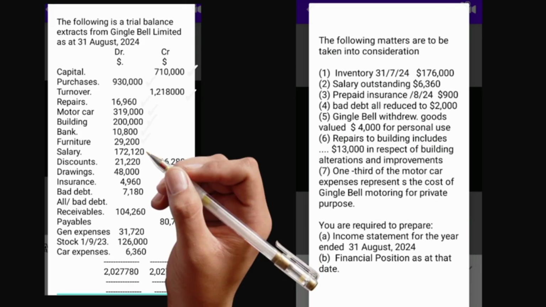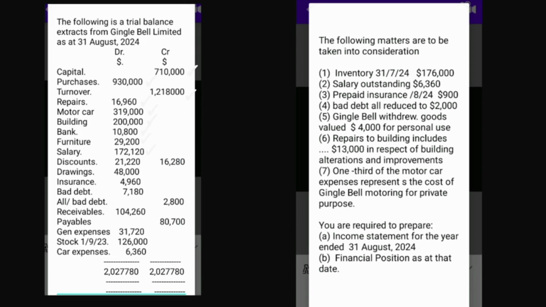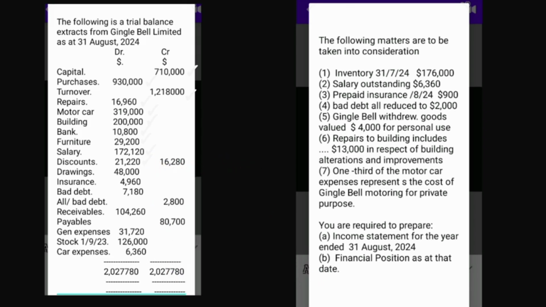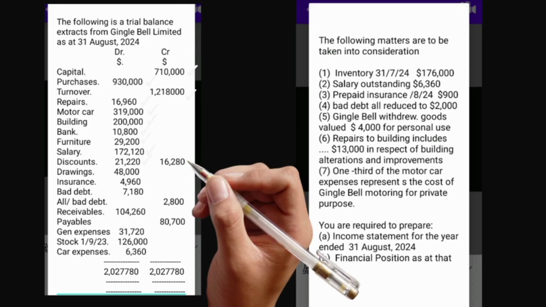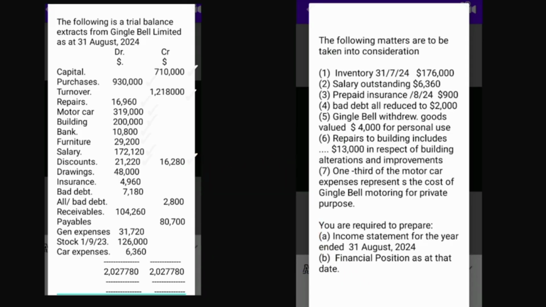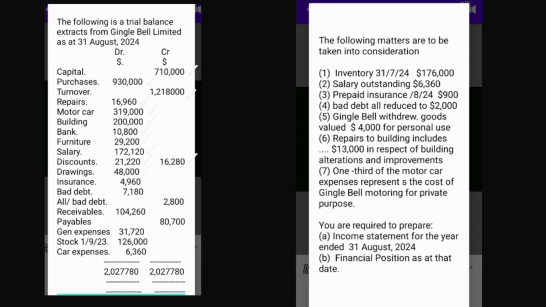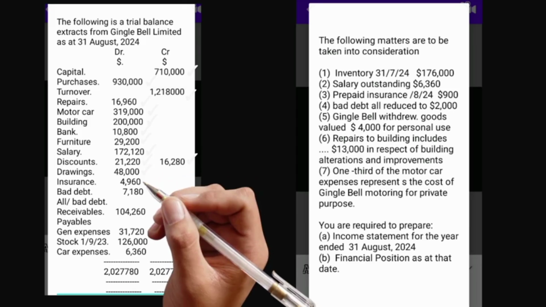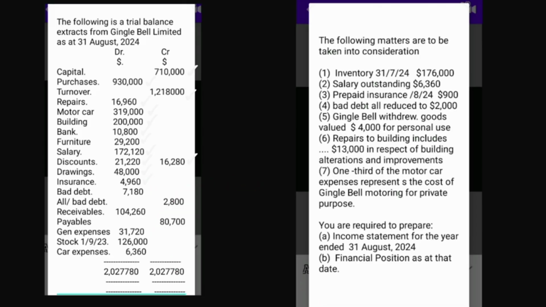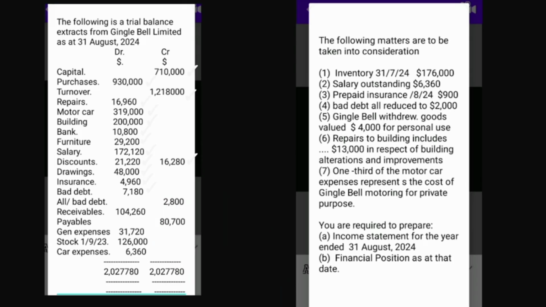Motor car is 319,000. Building is 200,000. Bank is 10,800. Furniture is 29,200. Salary is 172,120. While discount allowed is 21,220 and discount received is 16,280.